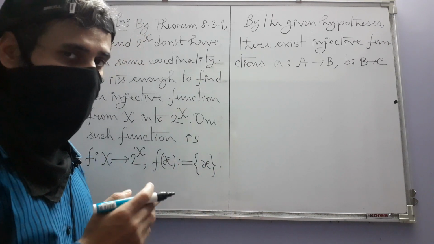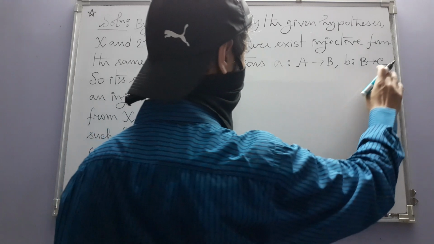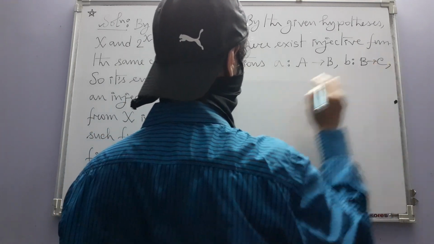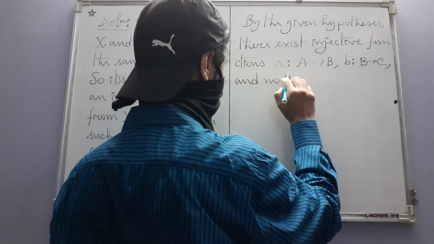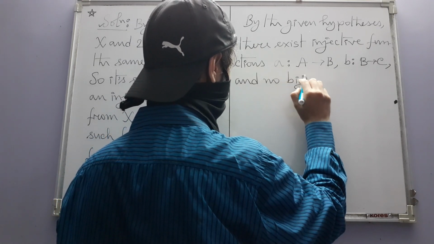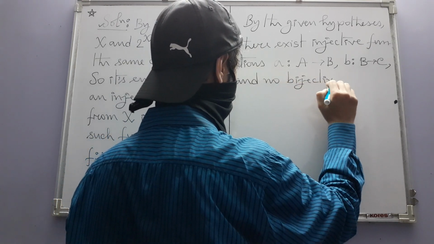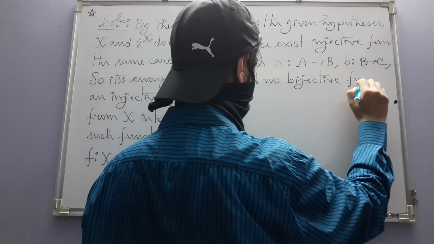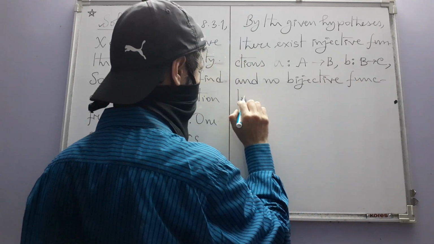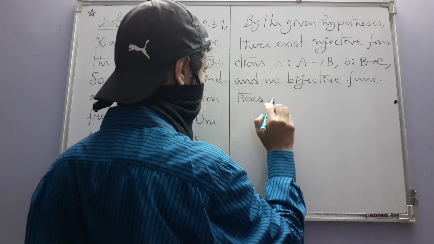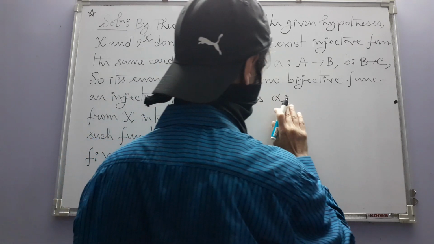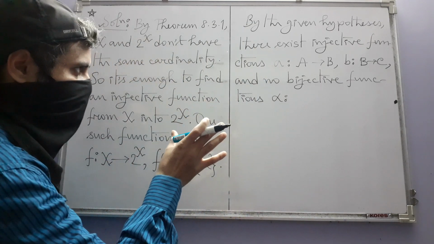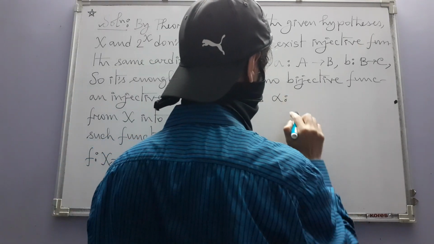But now we come to the strictness part also. There are no bijective functions, say alpha, no such functions. So we are saying that something does not exist.